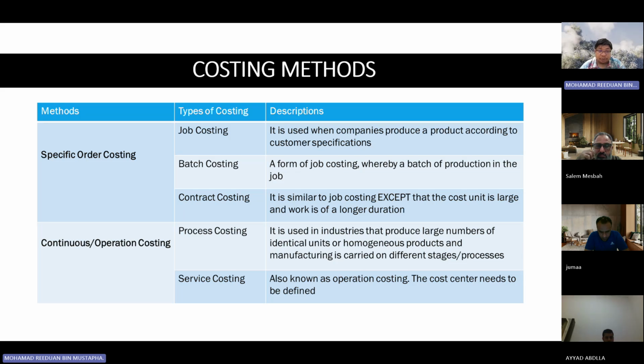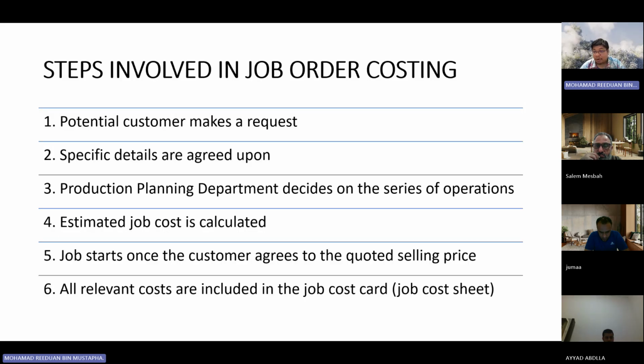Okay, then we look into the steps involved in job order costing. The first thing that you need to know, in order to understand the steps involved in job costing, is that it works when a potential customer makes a request. That is where we know that every customer requests different requirements.